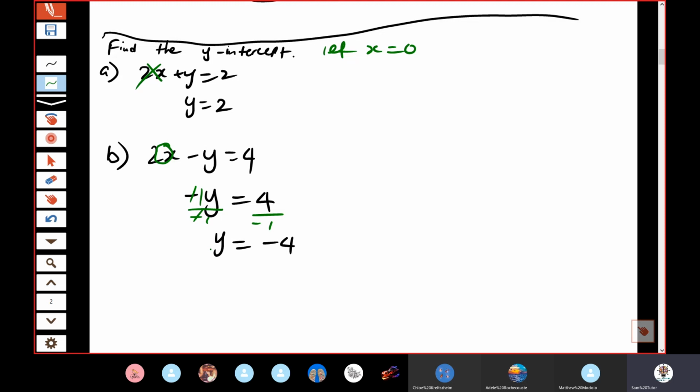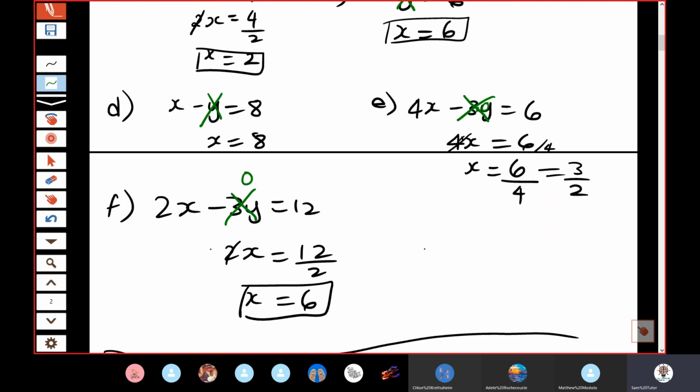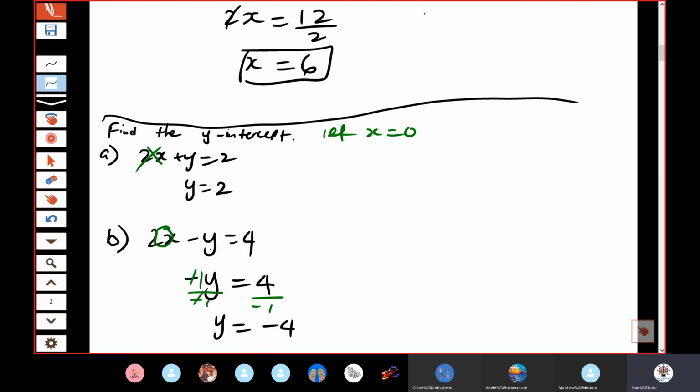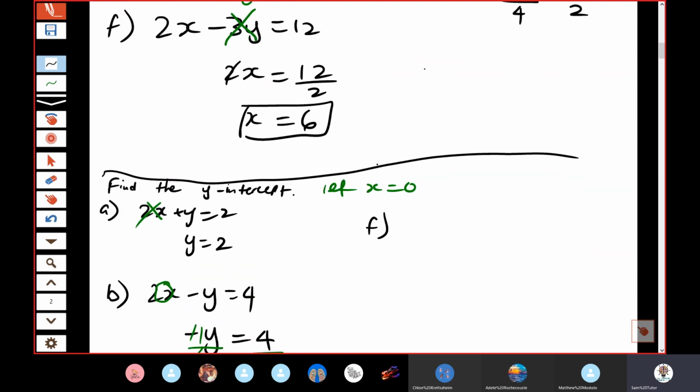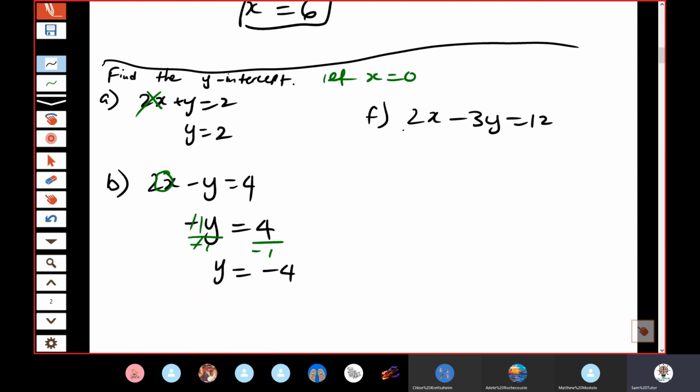If not, we'll do one last one. We'll do F. And if we're happy, I'll get you guys working, just to see if you're understanding it all as well. 2x minus 3y equals 12. Again, to find the y-intercept, you let the x bit become 0. Again, what are you left with?